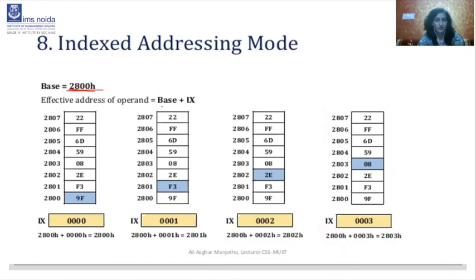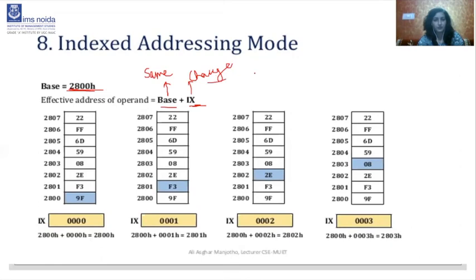As we have discussed, base address plus index address. In index addressing mode, the base address remains the same, there is no change. The base address stays the same and the index value will be changed. You have to remember this one concept.